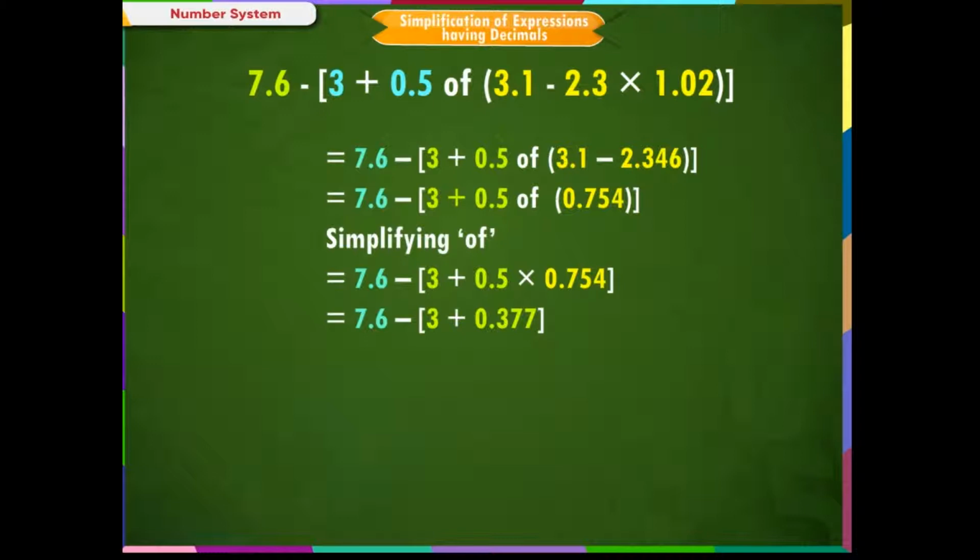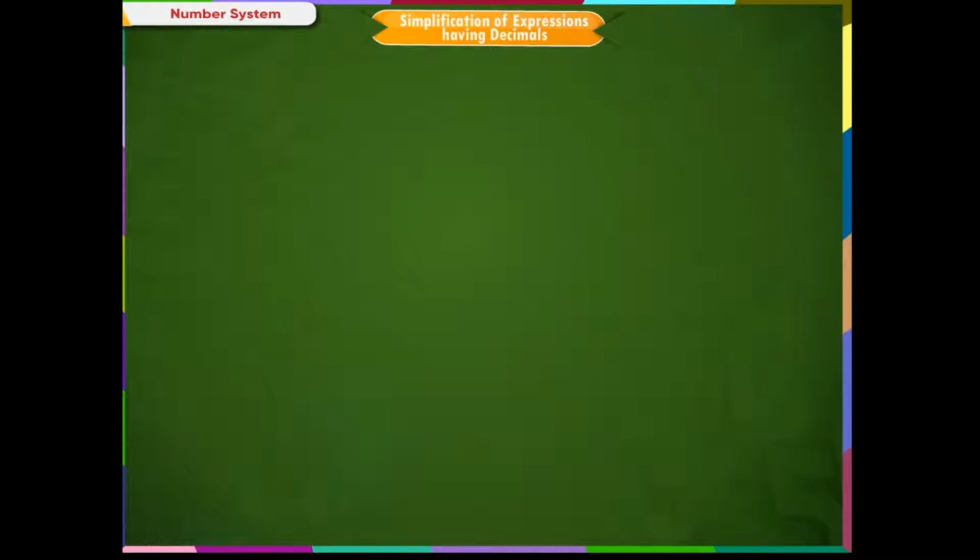Next, do addition. 3 plus 0.377 is equal to 3.377. Then 7.6 minus 3.377 is equal to 4.223. Answer: 4.223.